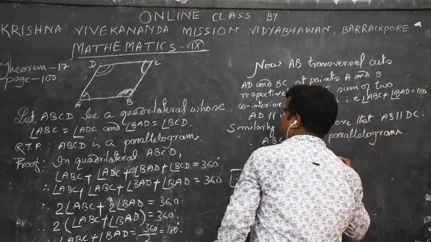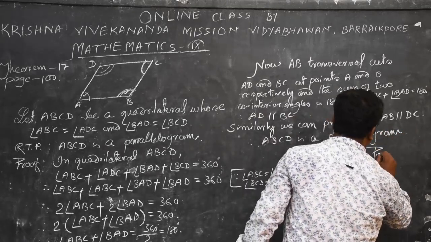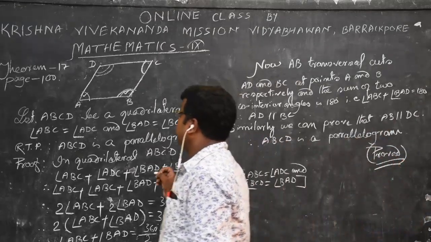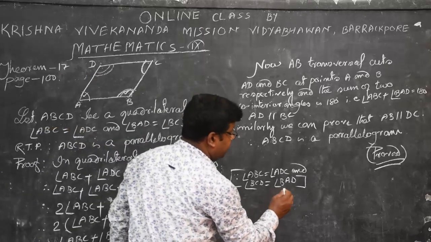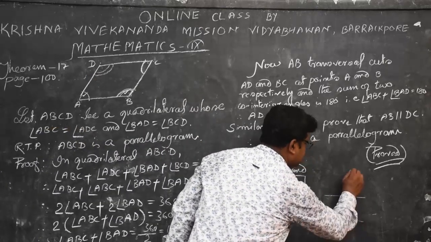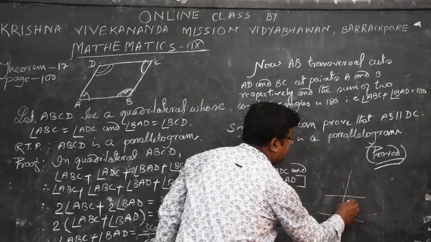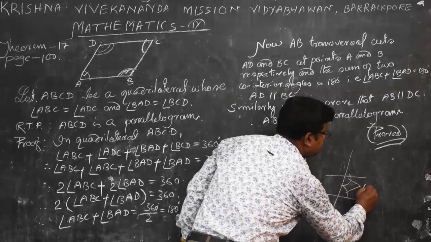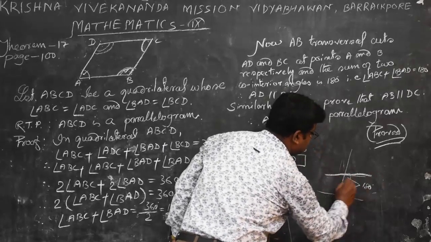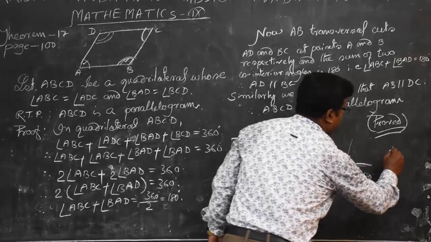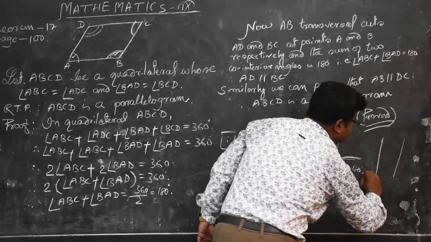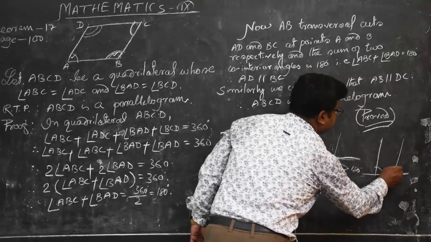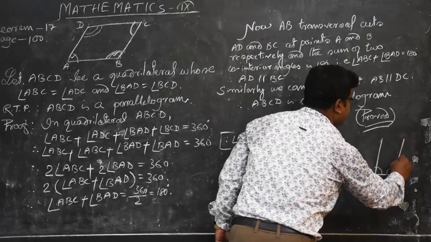I am telling you again, remember this: if any transversal cuts two other straight lines, these angles are called co-interior angles. If the sum of them is 180 degrees, then the two lines will be parallel.